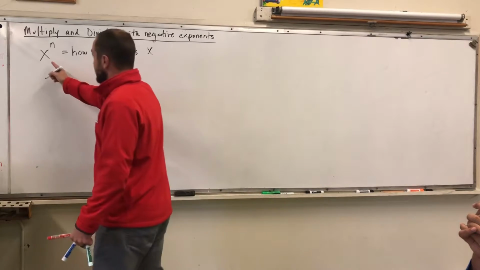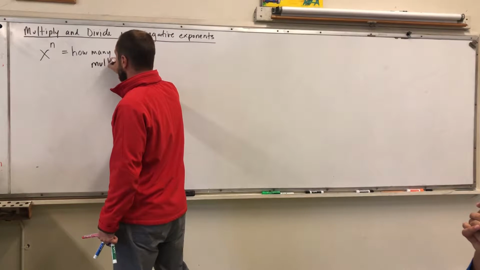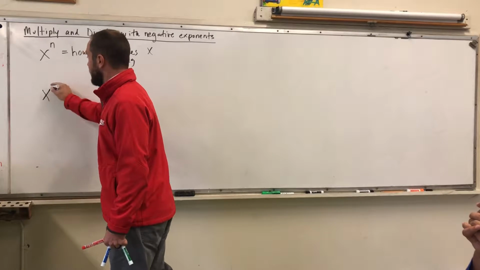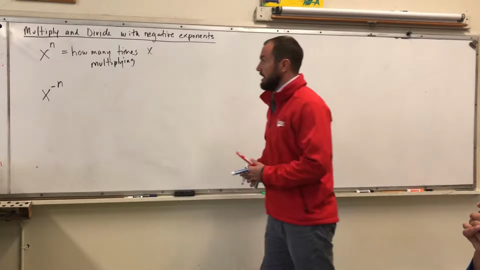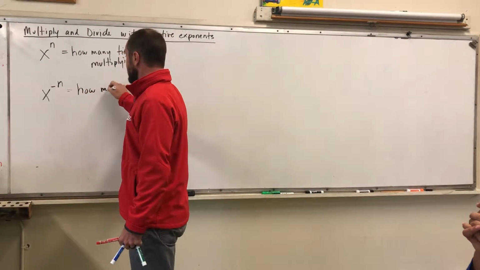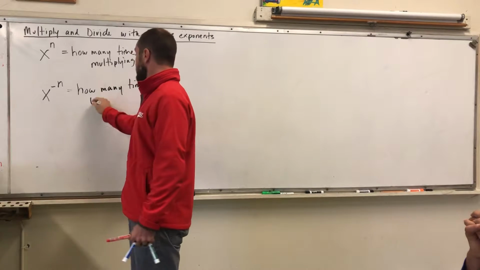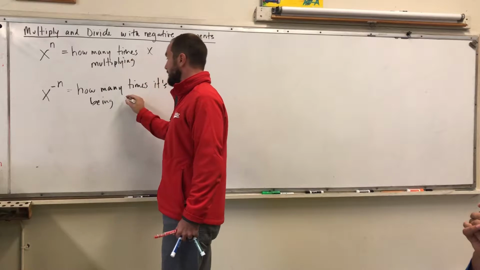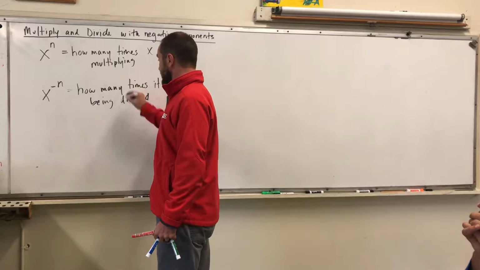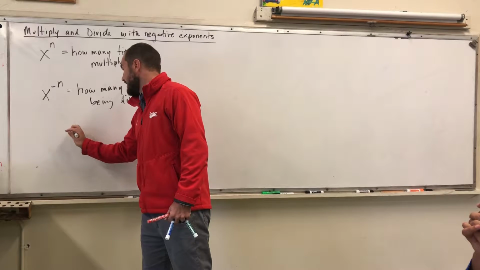And when we think of something as opposite, and we're talking about multiplying here, if we were to give a variable with a negative exponent, we're looking at how many times it's being divided, right? And the idea is what they call a multiplicative inverse.